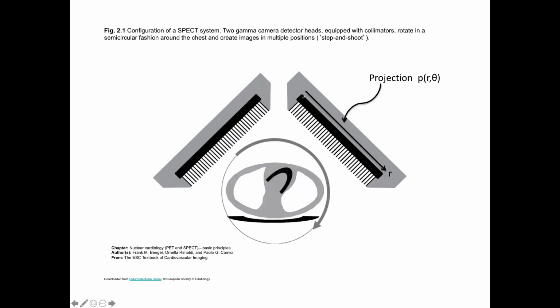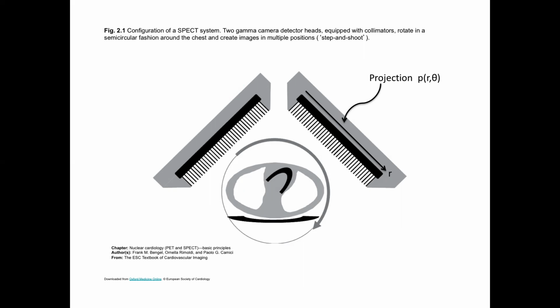Oftentimes this coordinate along here can be called R along the projection direction. Sometimes it's called L actually in CT. But for each value of theta, we're going to select a set of thetas. Let's say we'll select 500 thetas, and we'll click the detector into those 500 different positions and collect data, depending on how high resolution you want.